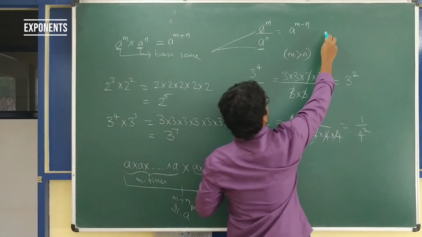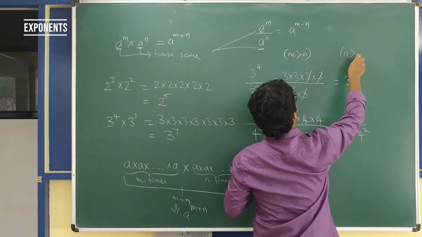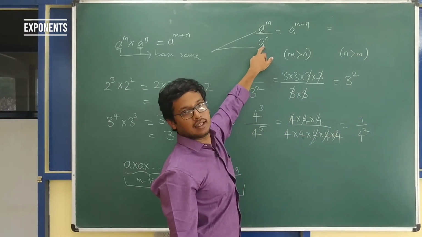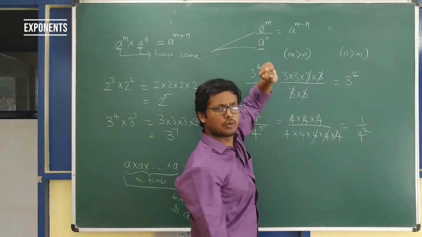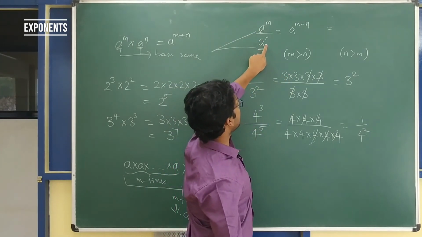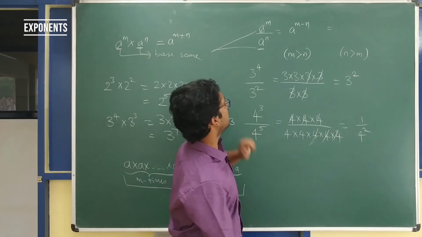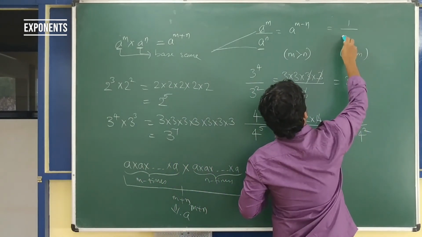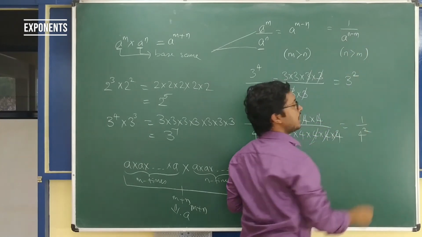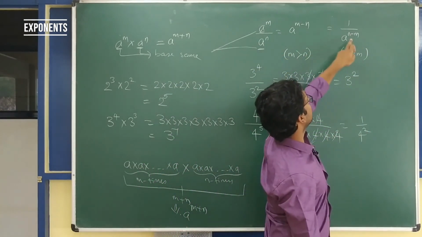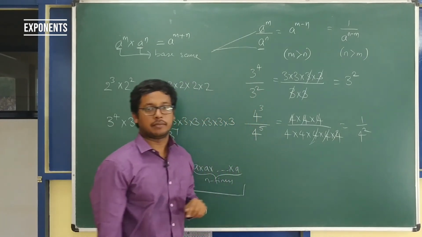The second case is if n is greater than m, which means there are more a's in the denominator than the numerator. Out of these n a's, m a's get cancelled and n minus m a's remain in the denominator. So it will be 1 by a raised to n minus m.